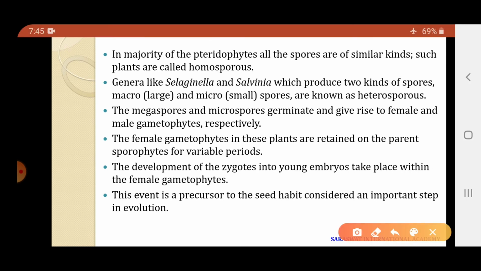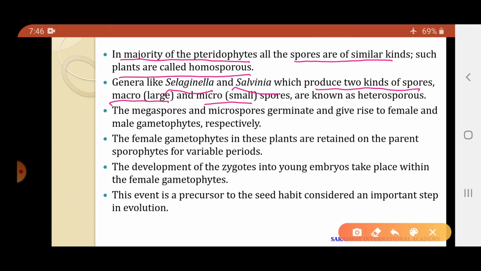Now students जो spores की बात हमने की, So in majority of the pteridophytes, spores are of similar kinds. So such plants are called as homosporous. So in most of the pteridophytes जो spores होते हैं, they are similar in morphology. Such pteridophytes are called as the homosporous. But there are exceptions. In the genus like Selaginella and Salvinia, यहाँ पे it produces two kinds of spores. Some spores are larger spores which are called as macrospores, and some spores are smaller spores which are called as the microspores.